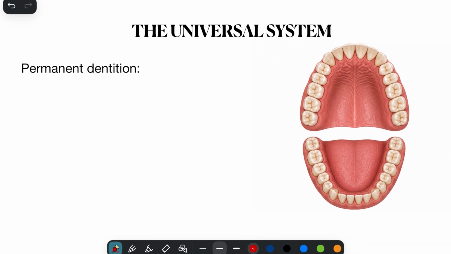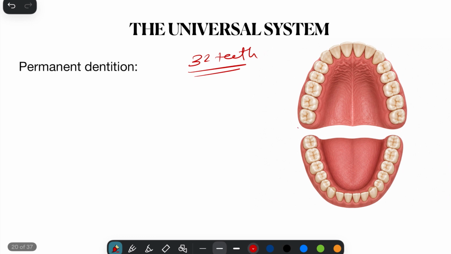The universal numbering system uses numbers to label the permanent teeth and uses alphabets A to T to label the primary teeth. First let's learn about the permanent teeth. We have 32 teeth, and in this system we start numbering from the upper right side, the most posterior tooth, that is the third molar, and move in the clockwise direction.